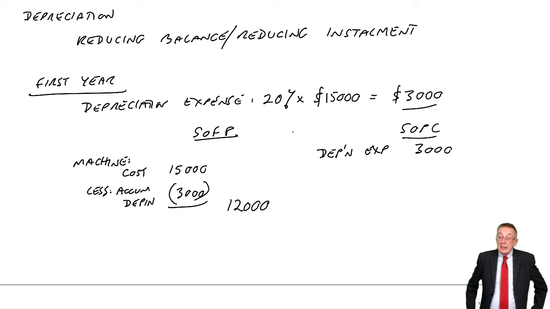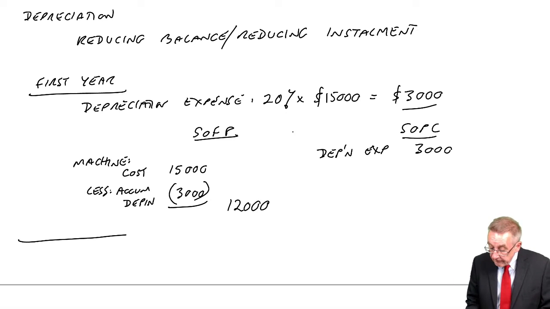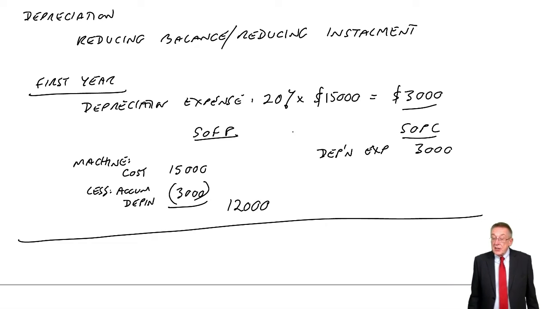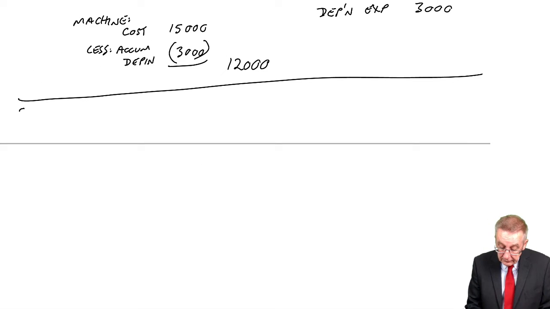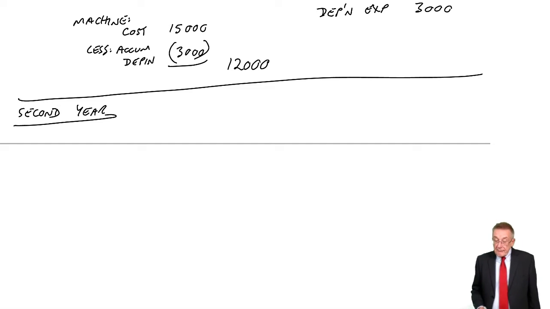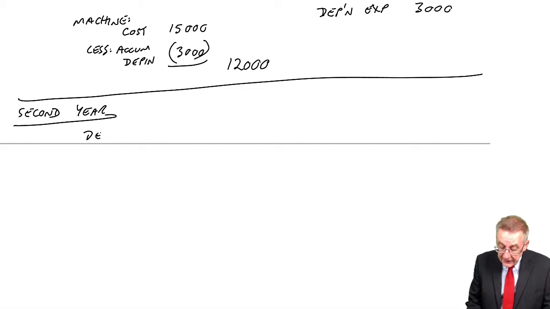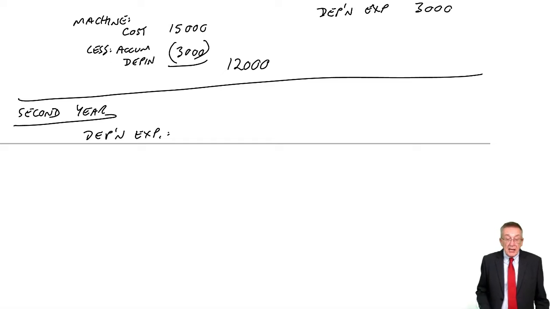So far, so good. But I need to carry on to make it clear how this works. Assuming we've still got the machine, when we come to the second year, the depreciation expense, well, we take the same percent each year.